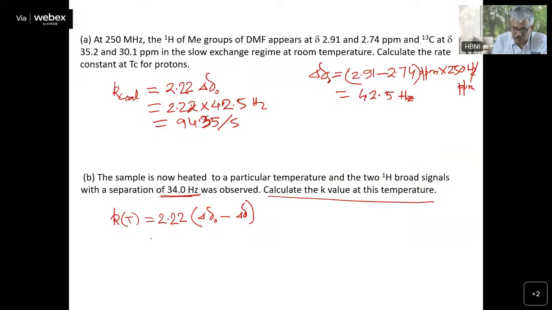So this is your del delta. This is nothing but 2.22 into del delta 0, we have found out is 42.5, minus 34, per second, and if you do that, it comes to be 18.9 per second.